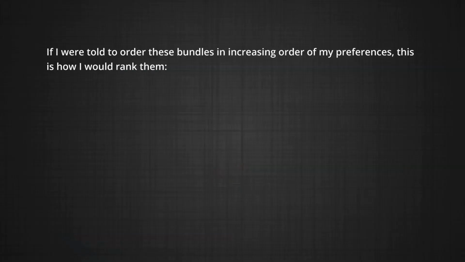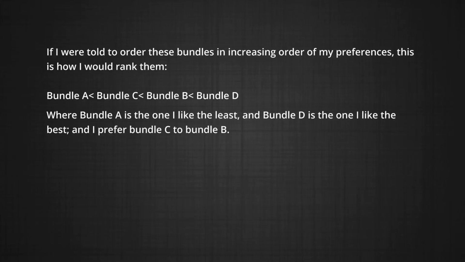If I were told to order these bundles in the increasing order of my preferences, here is how I would rank them. Bundle A is less than bundle C, is less than bundle B, is less than bundle D. In other words, I like bundle A the least and bundle D the best.